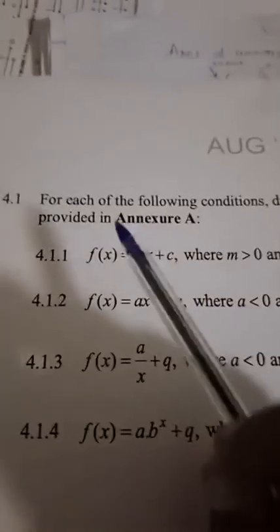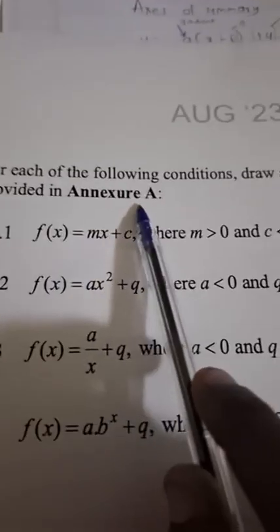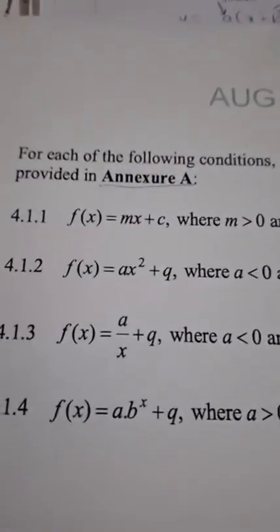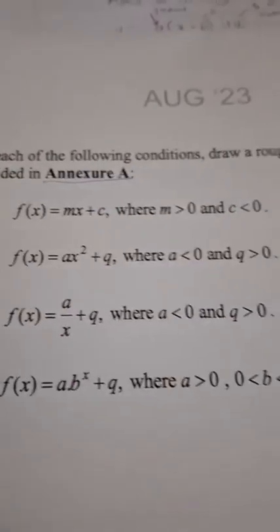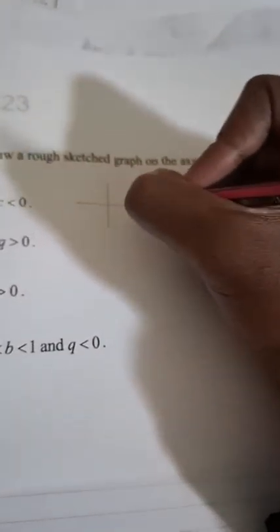I want us to check something else that's quite interesting here. Look at this. This question says, for each of the following conditions, draw a rough sketched graph on the axes provided in Annexure A. Now, I don't have Annexure A. So let's just look at how this will be.